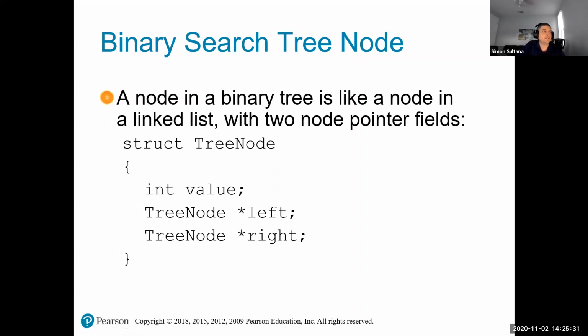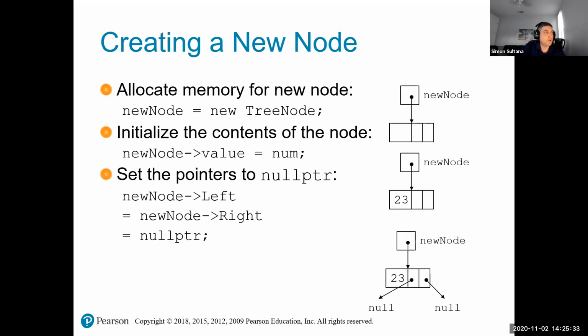So to start, to create a new node, we need to allocate memory for that new node. We would do that with this kind of command: new node equals new tree node. Then we need to initialize the contents of the node. So set the value equal to some number that comes in, whatever value it is that we want to set it to.